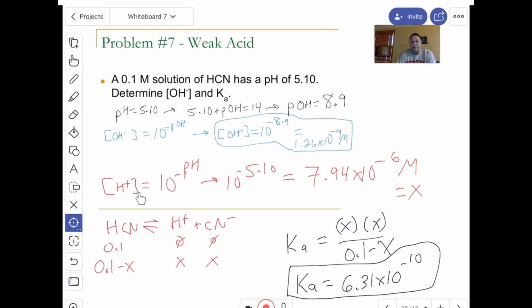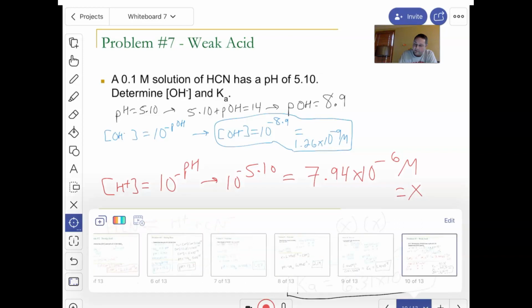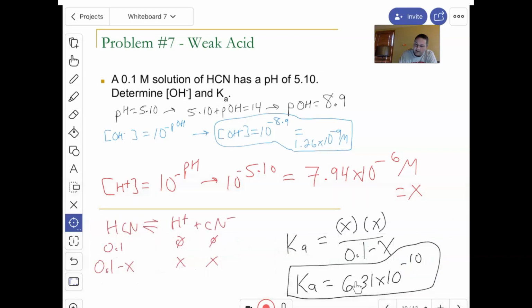Separately, I figured out what H plus equals, 10 to the negative pH power, and this is what H plus is. If I write out the equilibrium expression, x is the same as H plus. Here's what Ka would be: x times x divided by 0.1 minus x. I plugged in x here, and here's my value for Ka.